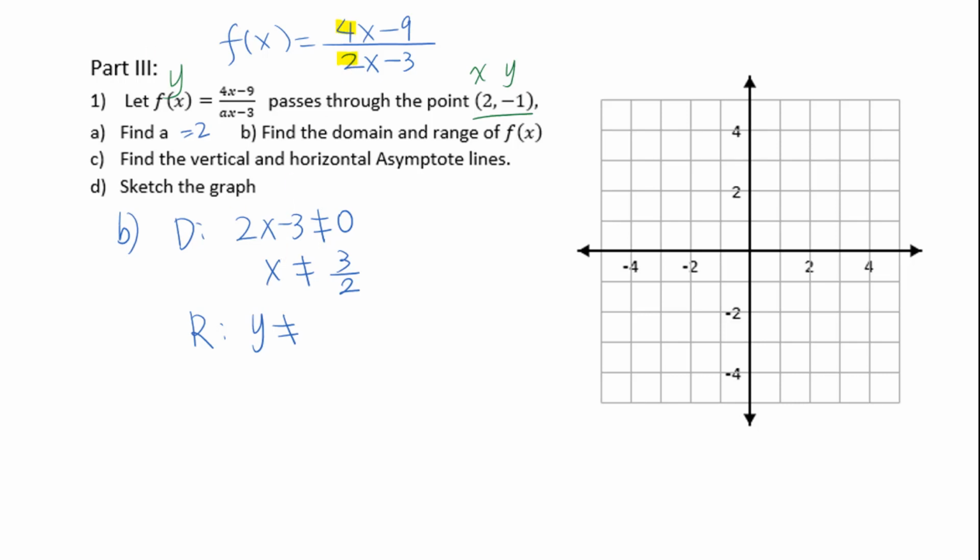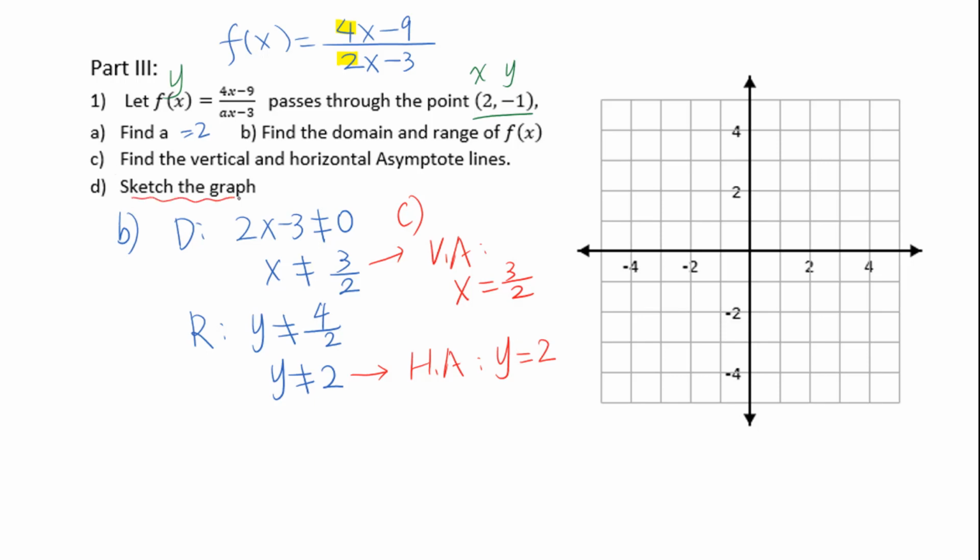That is 4 over 2, so y is not equal to 2. For C, find the vertical and horizontal asymptote lines. From this domain, you get the vertical asymptote line, x equals 3 over 2. From this range, you get the horizontal asymptote line, y equals 2.